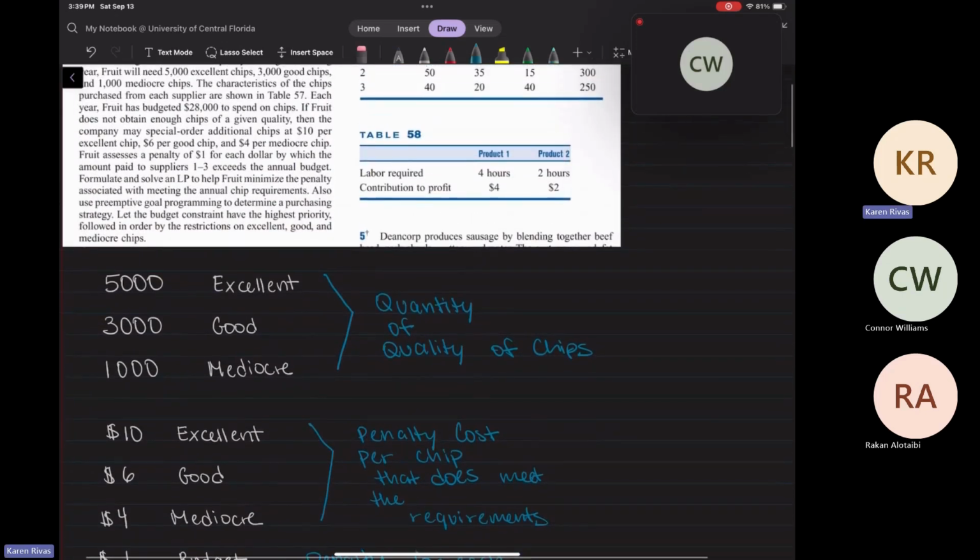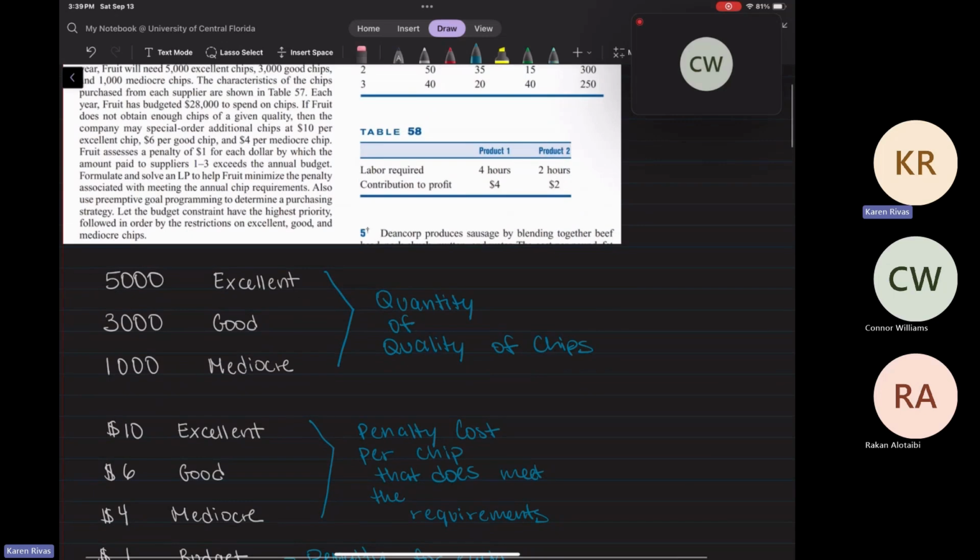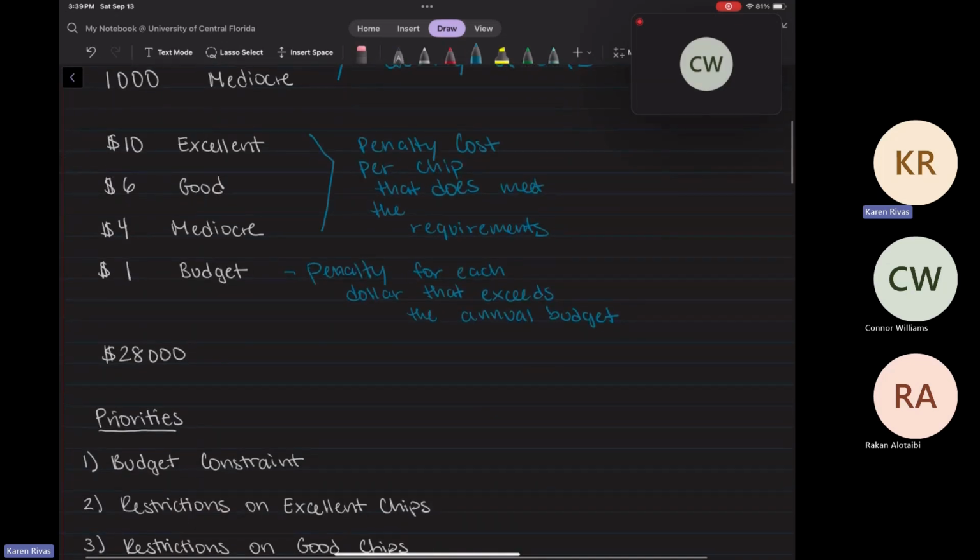Going back up, the problem did say that the fruit company has budgeted $28,000 to spend on all of the chips. So I'm just going to write that there. 28,000 is the annual budget that we cannot exceed.